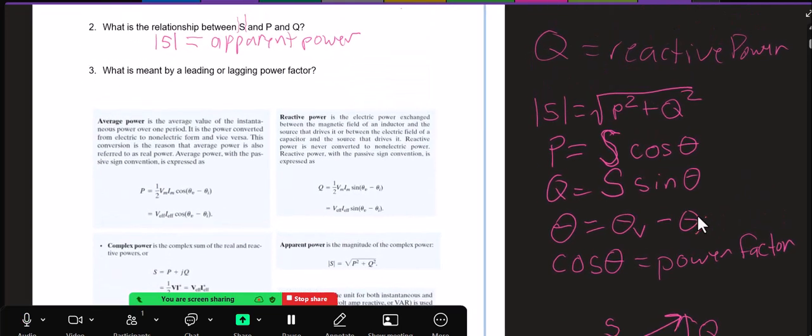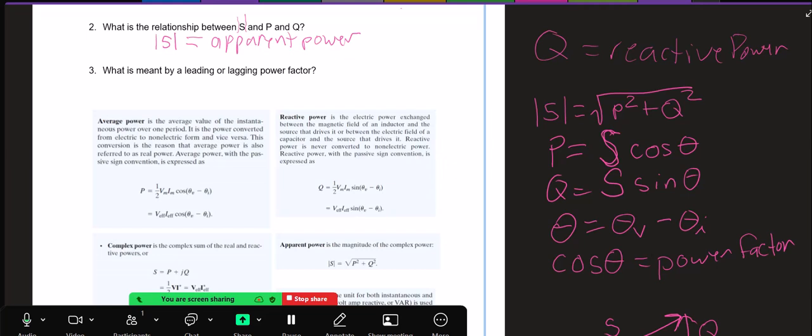Okay. What is meant by a leading or lagging power factor? So someone asked me a question earlier, and I didn't answer because I said I wasn't sure, and I should have known because of power factor. They say, do you talk more about current leading voltage or voltage leading current or lagging?